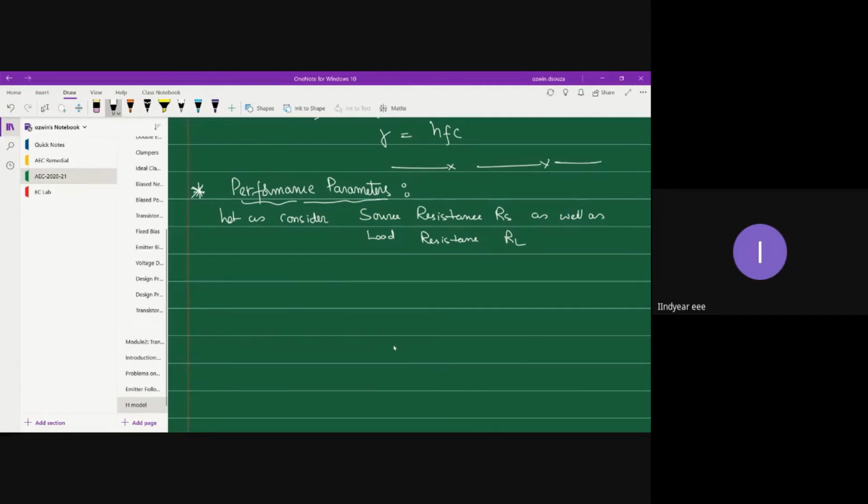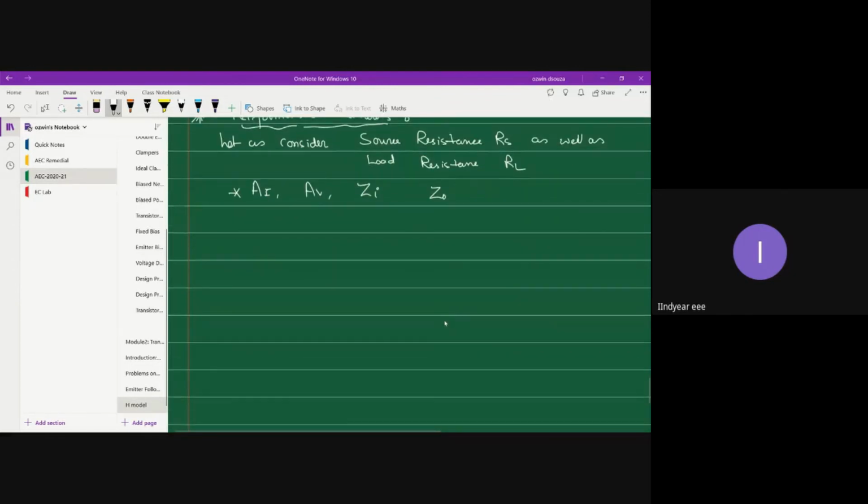Let's consider RS and RL, and let us try to determine current gain, voltage gain, input impedance, output impedance, etc.